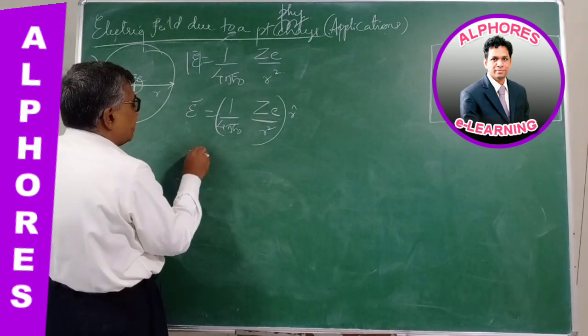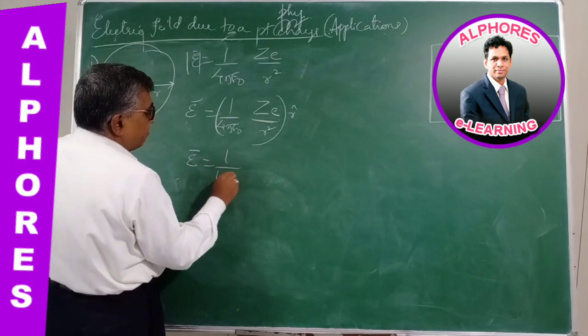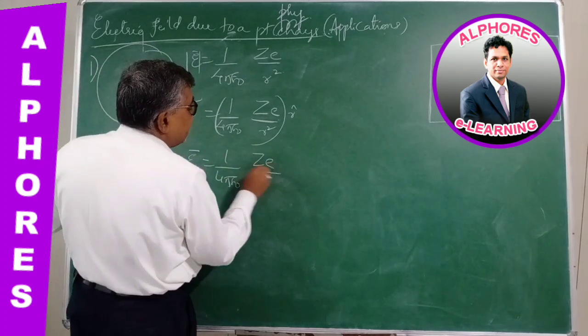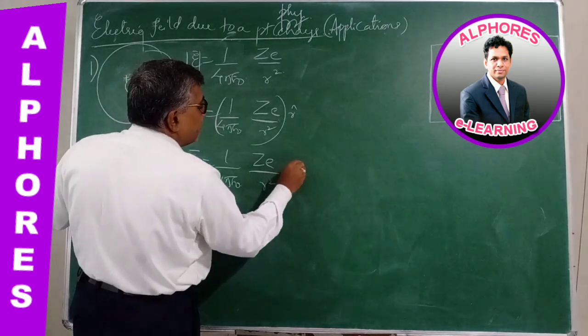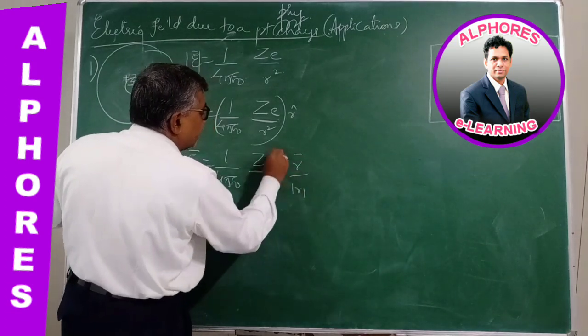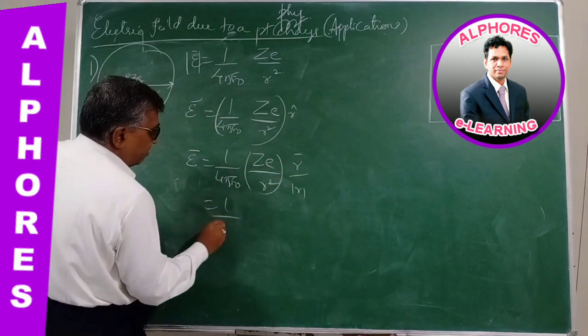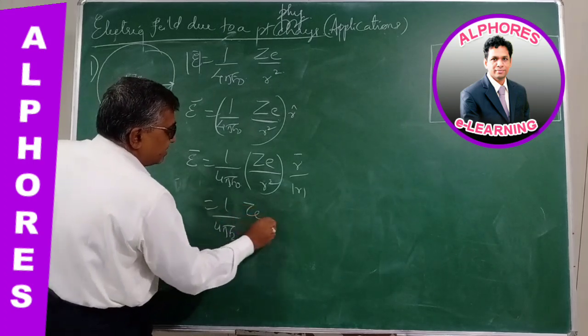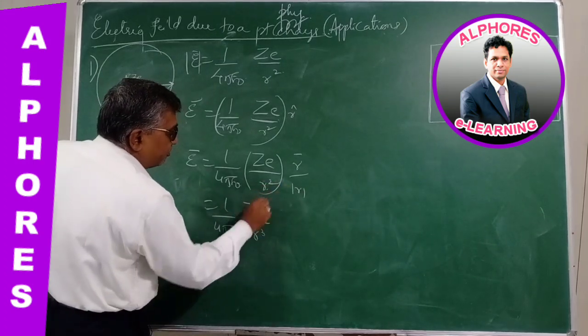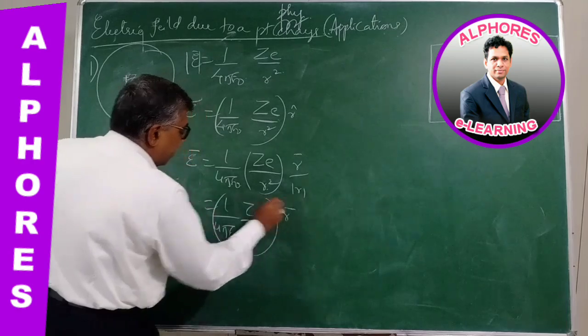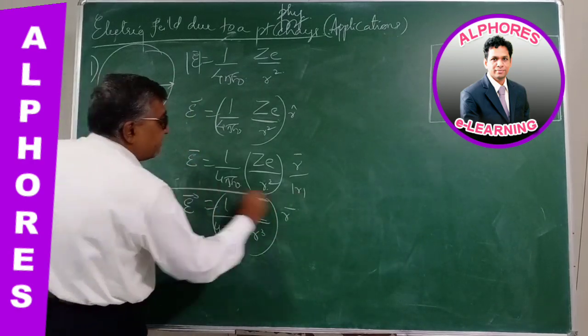R cap is r bar by mod r. So that is 1 by 4 pi epsilon naught Ze by r cube times r bar. This is the electric field vector.